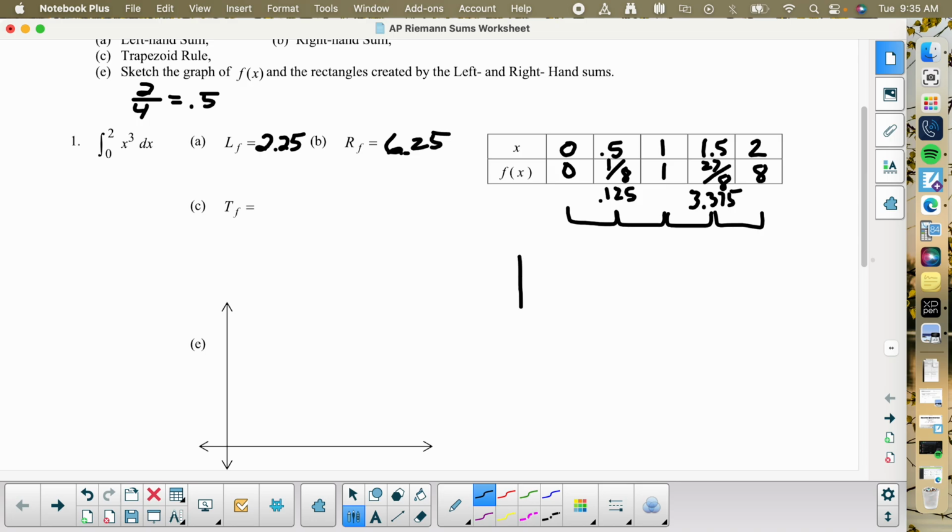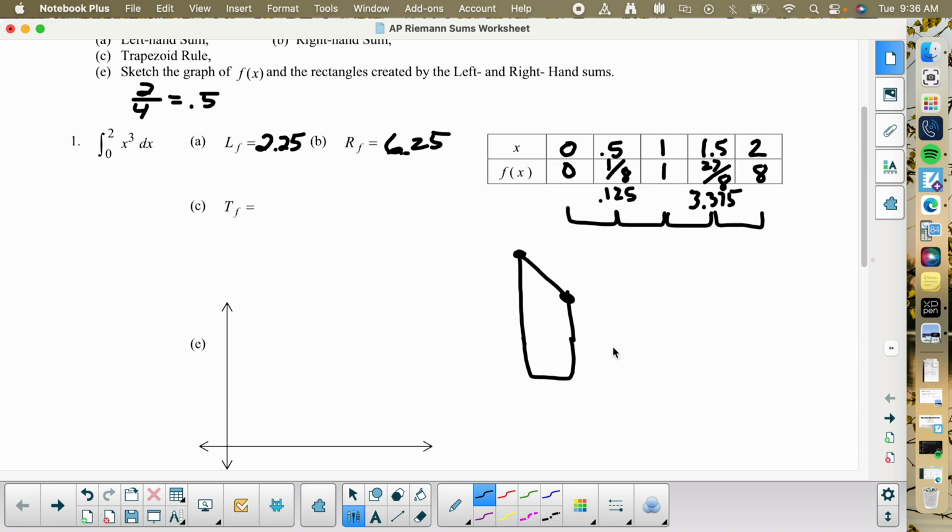So if we have a left-hand rectangle, I'll just pretend it's taller, it doesn't actually matter. And we have a right-hand rectangle that would be a different height. If I use the one number from the left-hand side and the one number from the right-hand side, then that would create a trapezoid instead of a rectangle. This is how the trapezoid method is used.